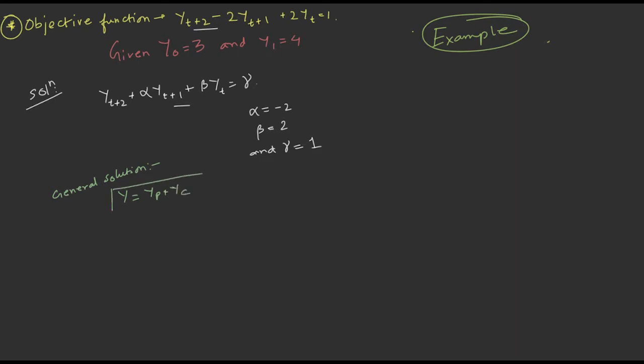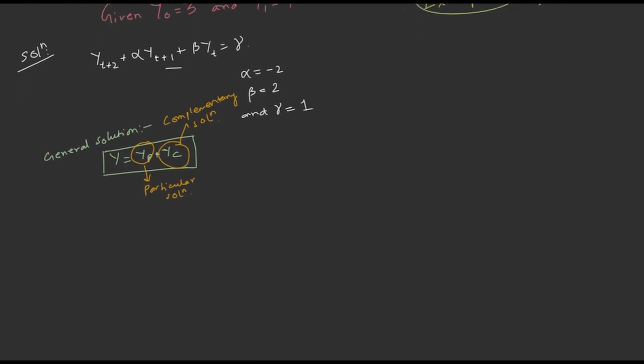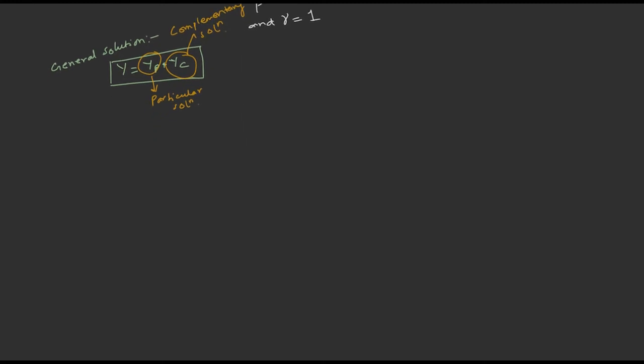Our main objective is to find this yp and yc, where yp is the particular solution and yc is, sorry, the complementary solution. Right? So yp is a particular solution and yc is a complementary solution. Our main objective is to find these two. So let's first find yp.